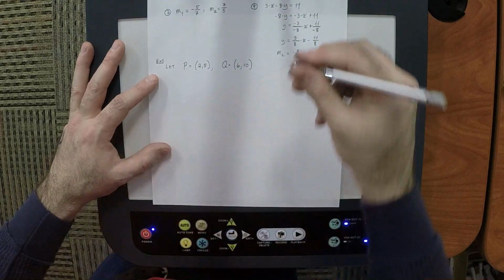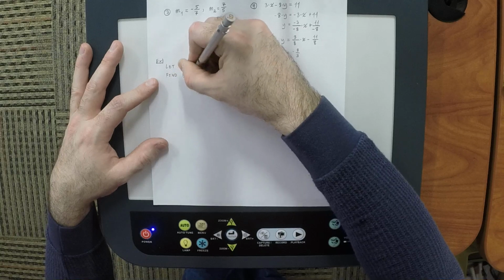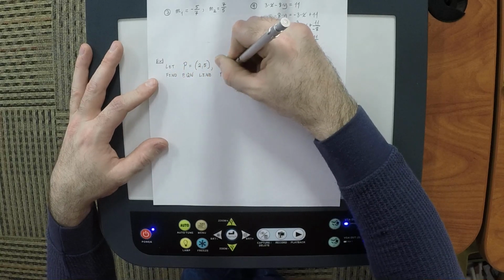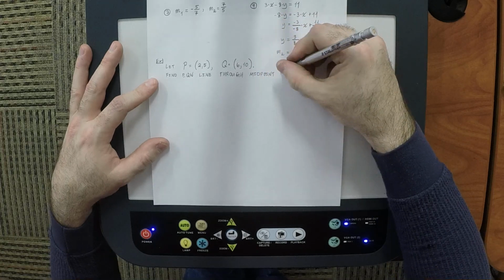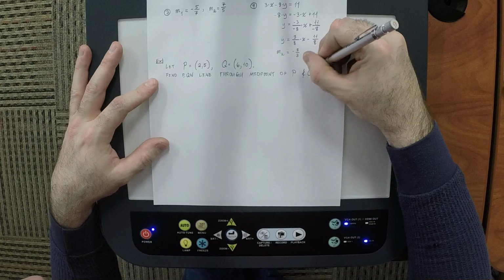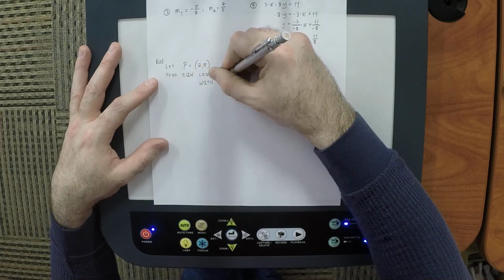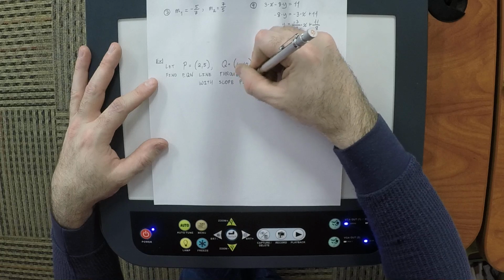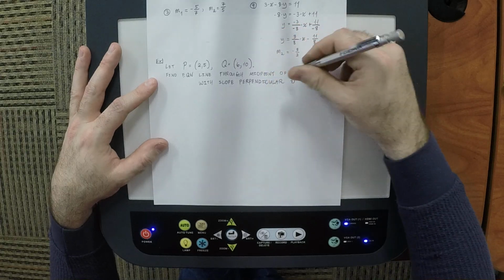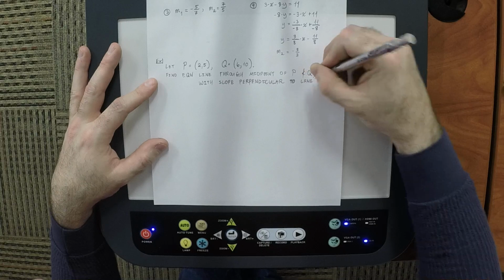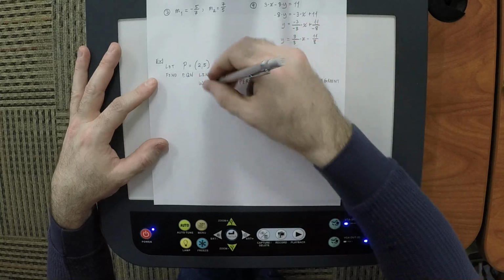So we've got 2 points, P and Q. I want you to find the equation of the line through the midpoint of P and Q with slope perpendicular to the line segment from P to Q.